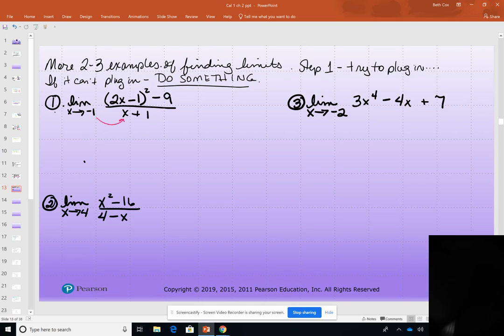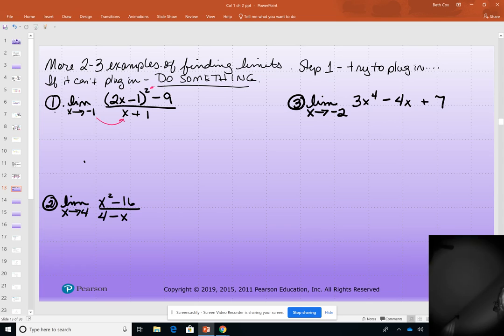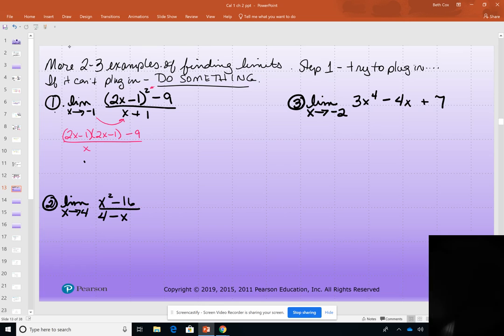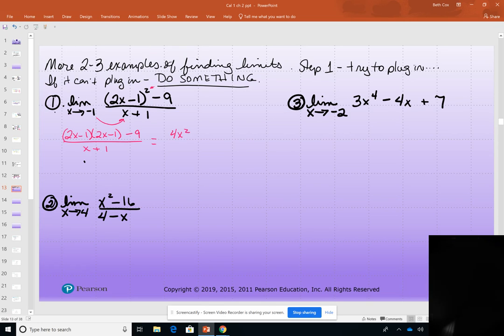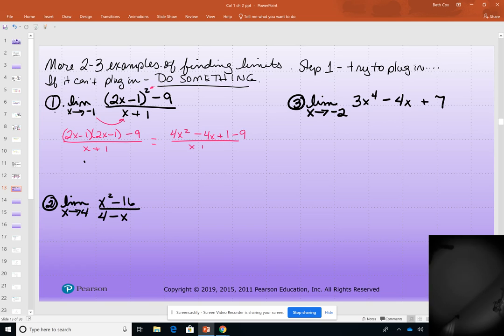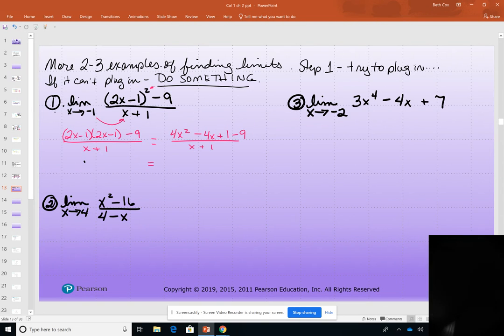Well, my gut is telling me, why don't you just FOIL this out? Why don't you go ahead and multiply that out, and let's see what happens. That's going to give me 4x squared minus 4x plus 1 minus 9. If you need to do that on scratch paper, do it.